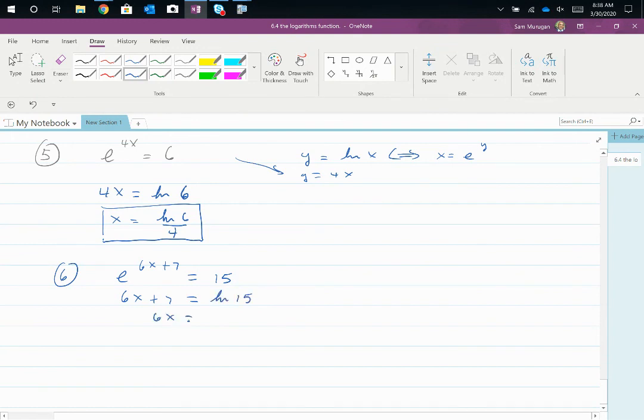So 6x is equal to natural log 15 minus 7. x is equal to natural log of 15 minus 7 over, make sure that you're not taking the logarithm of 15 minus 7, but that you separate that 15 from the minus 7, divided by 6.